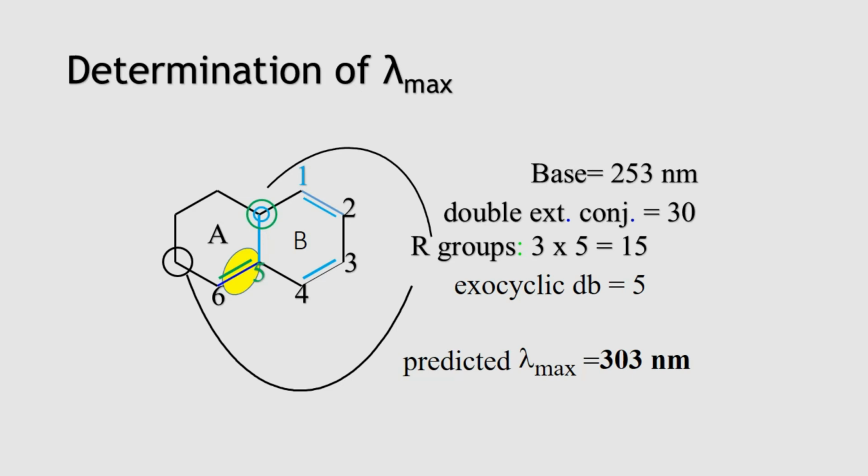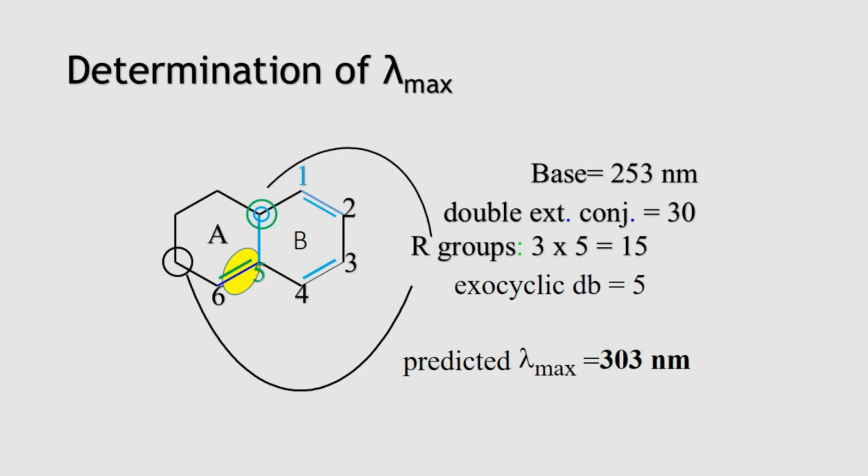Here, ring residue or alkyl group. So here you can see 1, 2, 3, 4, 5. For the first carbon atom you can find a ring residue at the adjacent carbon atom, and also for the fifth carbon atom you can find a ring residue, or substitution of an alkyl group, we can consider.